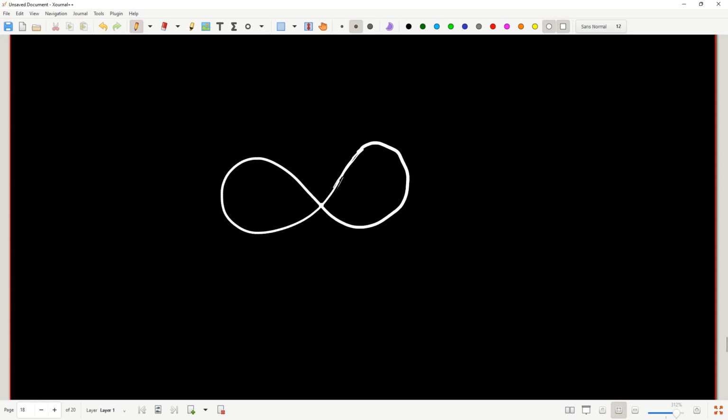So let's say this is our base point over here, and let's imagine a loop like this. Let's call it alpha, and let's have another loop like this. Let's call it beta.